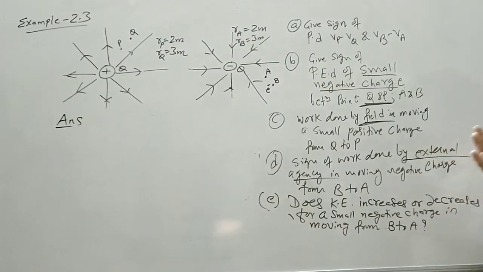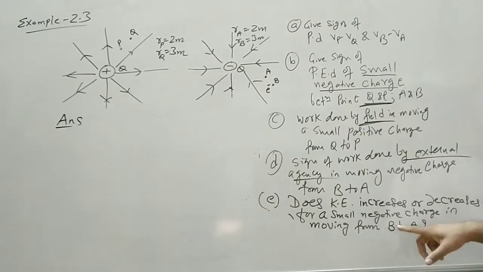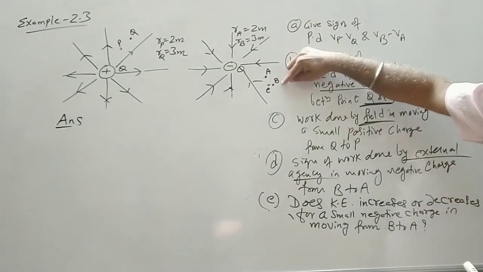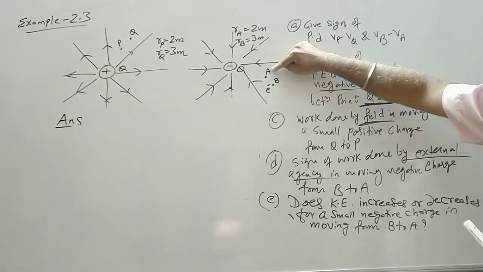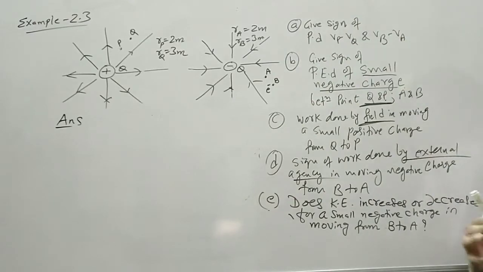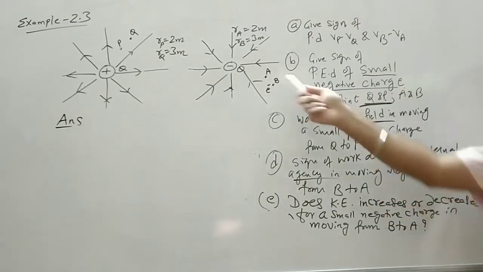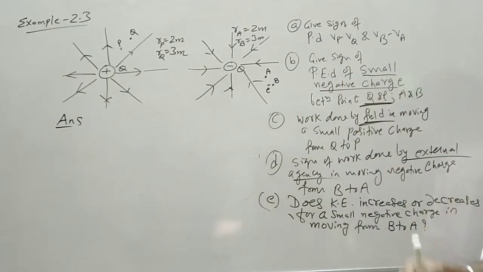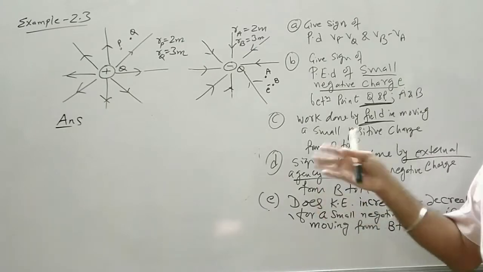Now clearly, here you have to logically give the answer. A negative charge is placed at B. Now when you move from B to A, here you see you are moving against the field. When you are moving against the field, your work done was positive.